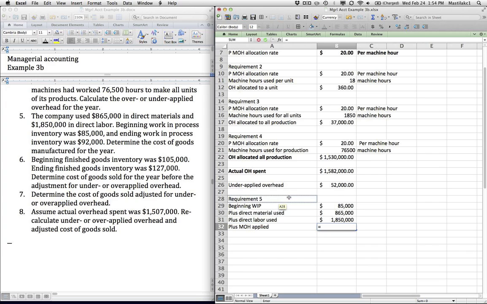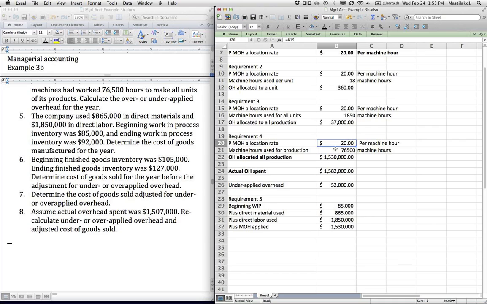Now remember that the amount that goes into work in process is the manufacturing overhead that's applied. It's not the actual. During the year, we don't know what the actual total is going to be. What we know during the year is our original estimate of $20 per machine hour, and we know how many machine hours are actually being used during the year.